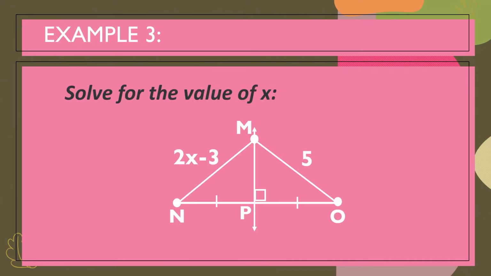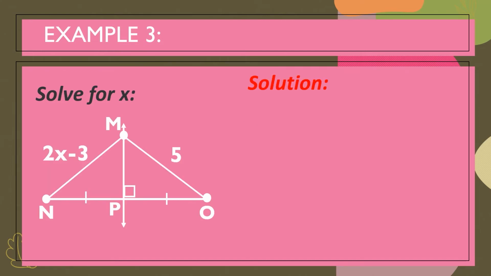Example number 3. Solve for the value of x. Segment MN measures 2x minus 3 and segment MO measures 5. For the solution, we have segment MN is congruent to segment MO. Substituting the values, segment MN is 2x minus 3 and segment MO is equal to 5.